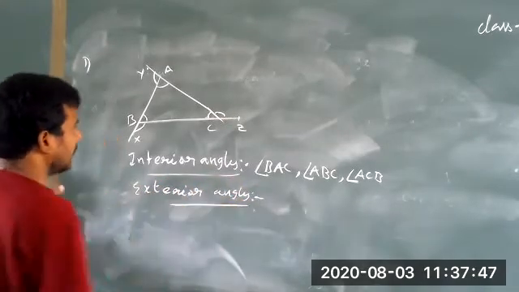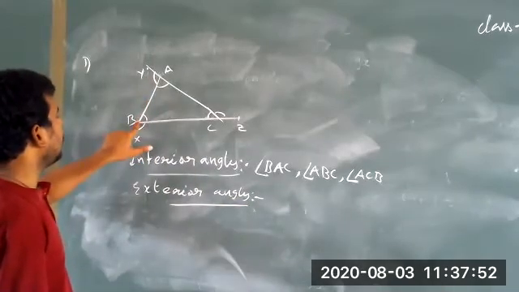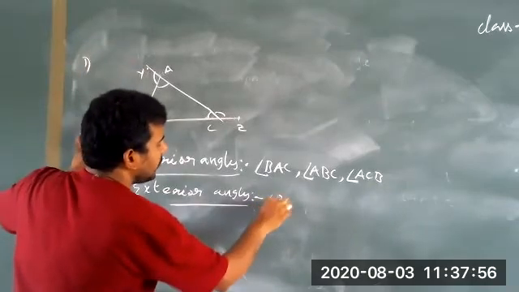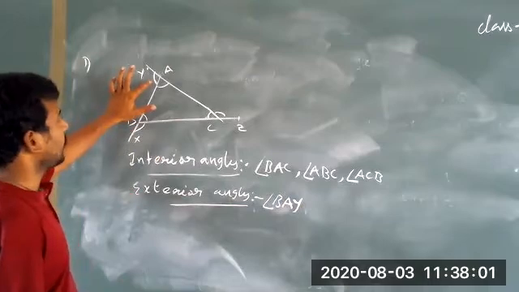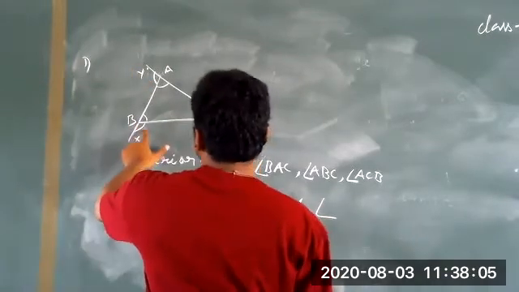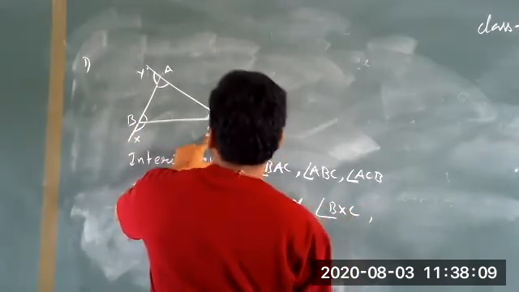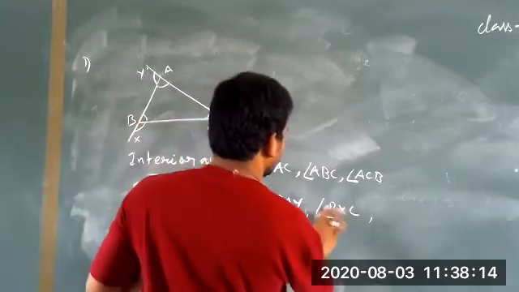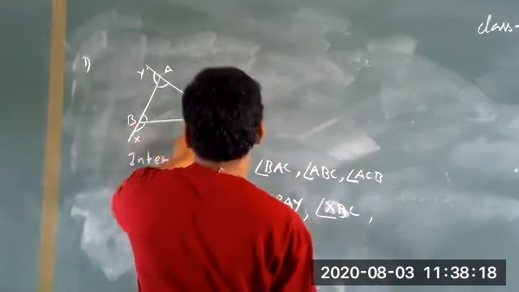Exterior angles. Now this angle: angle BAY. So this is an exterior angle. Next, this angle: angle XBC.